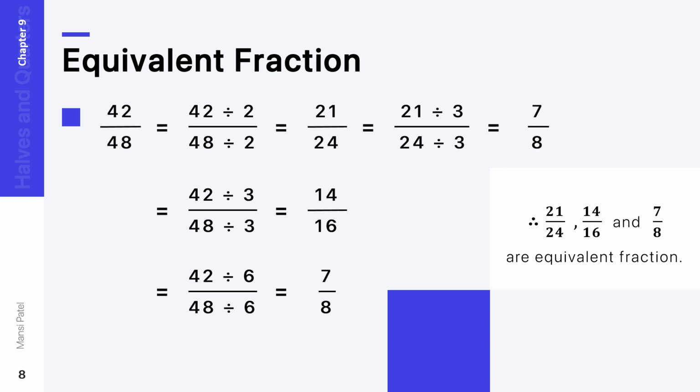So we can say that 21 upon 24, 14 upon 16 and 7 upon 8 are the equivalent fractions of 42 upon 48.